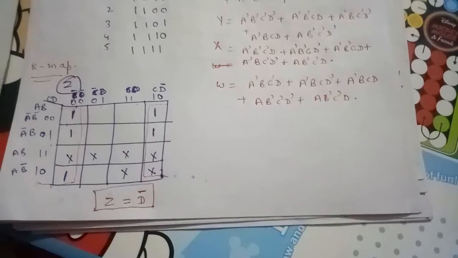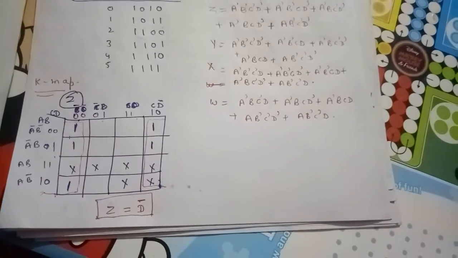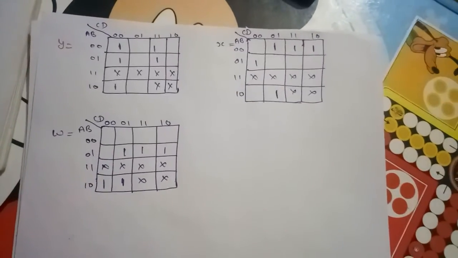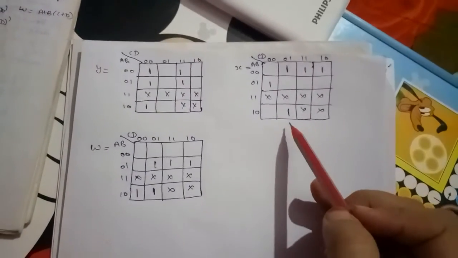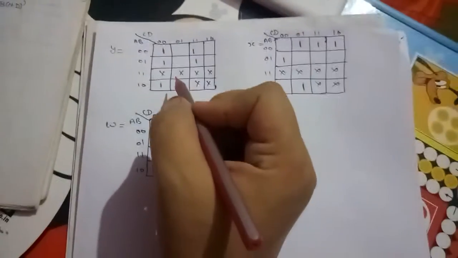Likewise, we have to minimize the functions for all the variables y, x and w. So these are the K-maps for all 3 variables. I have put all the minterms and don't care conditions in all these 3, right? So let's group this for the y variable.